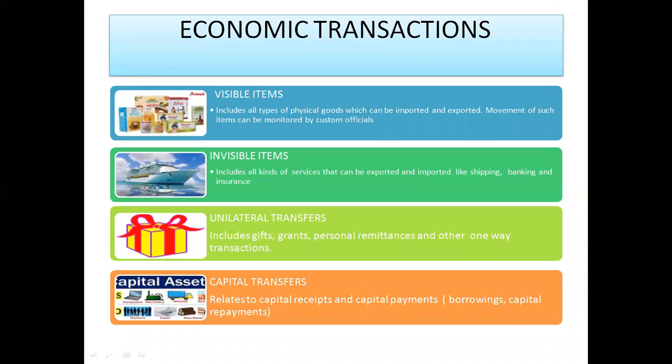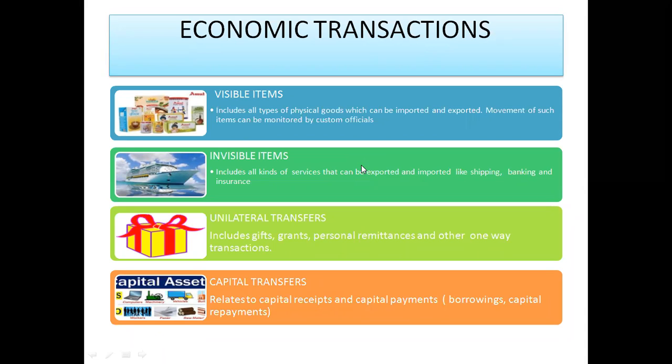Secondly, we have the invisible items. Invisible items means when we are talking about services, where export and import of services is written, that is under the invisible items. Then the third transaction between two countries is unilateral transfers. Unilateral means one-sided transfers, where one person is providing finance to the other person, irrespective of whether the other has given a factor or not.